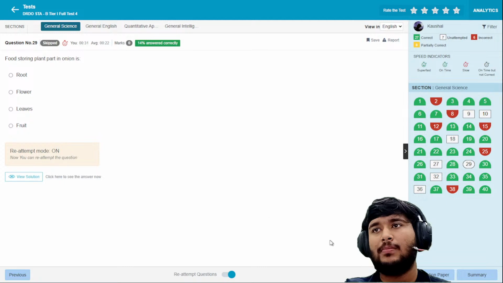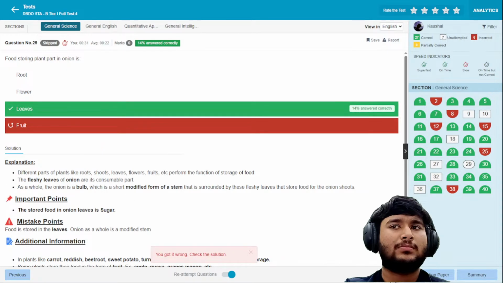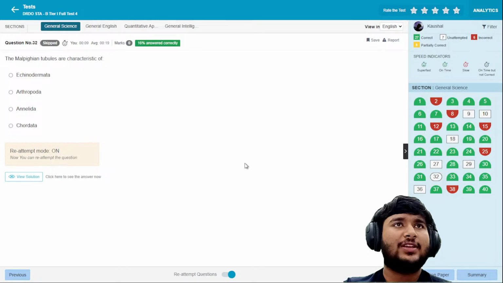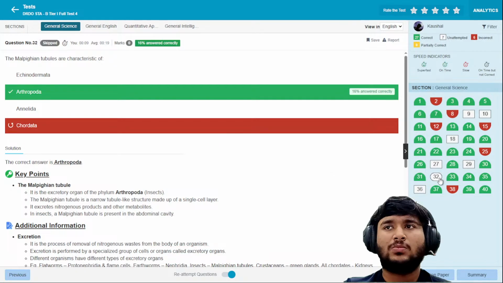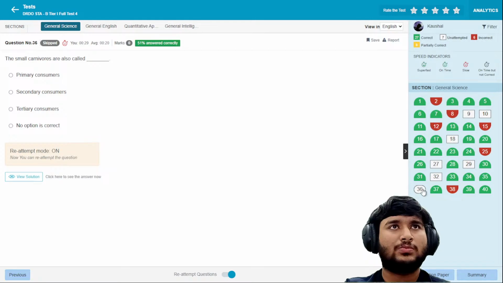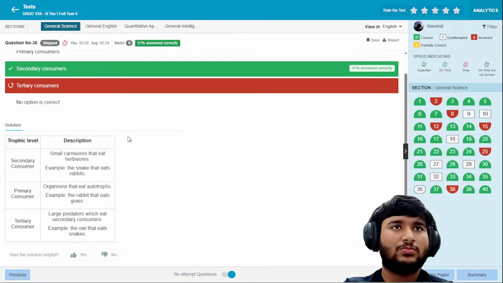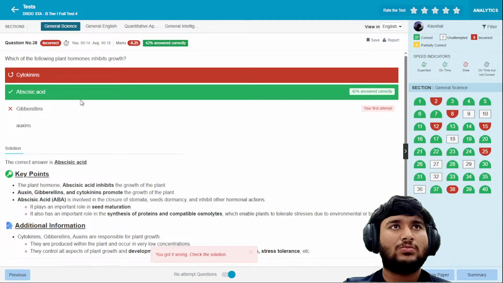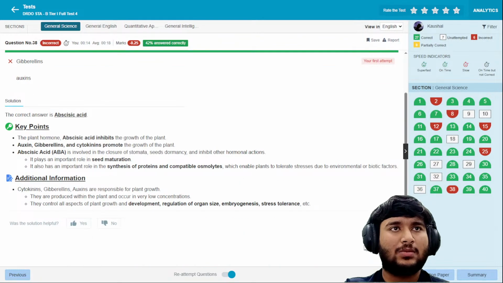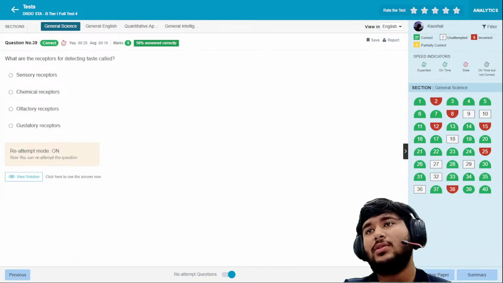Lipase, the Malpighian tubes, abscisic acid inhibits the growth. What? Inhibits the growth, I only read growth. Abscisic acid stops their growth.